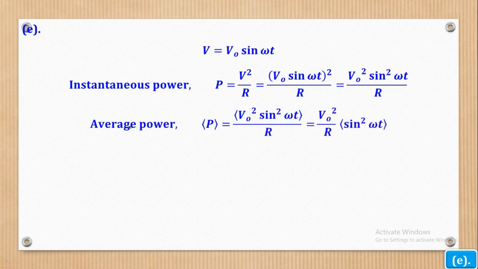But we wanted mean power, therefore we shall say average power. So these symbols are there to imply average power, and I'll also put that symbol here to mean average voltage squared. But this is a constant, so it can come out to become V naught squared over R, in brackets we put sine squared omega t.